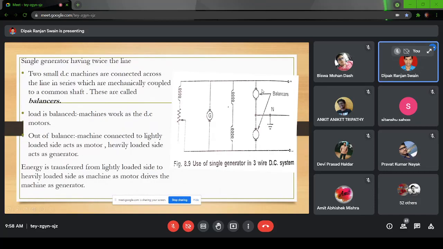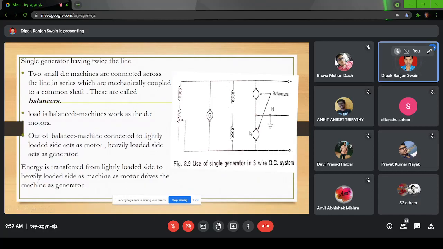So more power demand means it will draw more current. But at the same time, this balancer machine will behave as if it is a generator. So if it acts as a generator, some of the total demand of the load is met by this generator action. So the demand from the distributor end will slightly decrease. So I can decrease the current in the heavily loaded side.